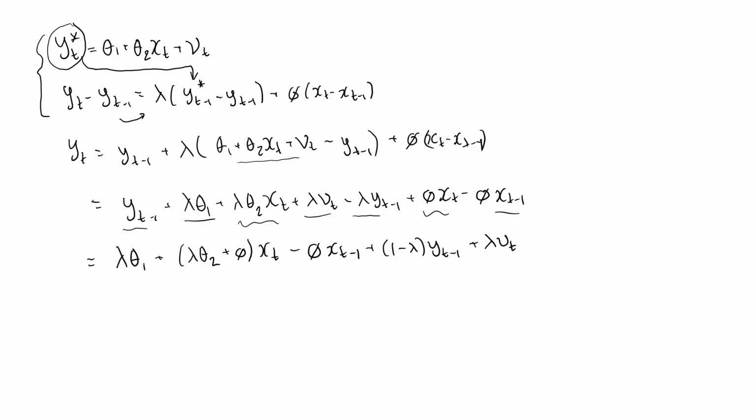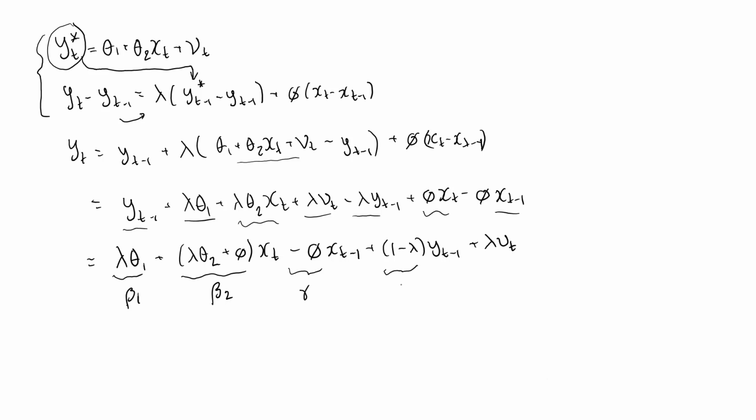Now I want to make this into an ADL model, so let's just rename some of the parameters. We'll rename this beta 1, we'll rename this beta 2, we can rename this minus phi to theta. Well, let's not do that because we already have theta, so let's rename it something else, perhaps gamma.